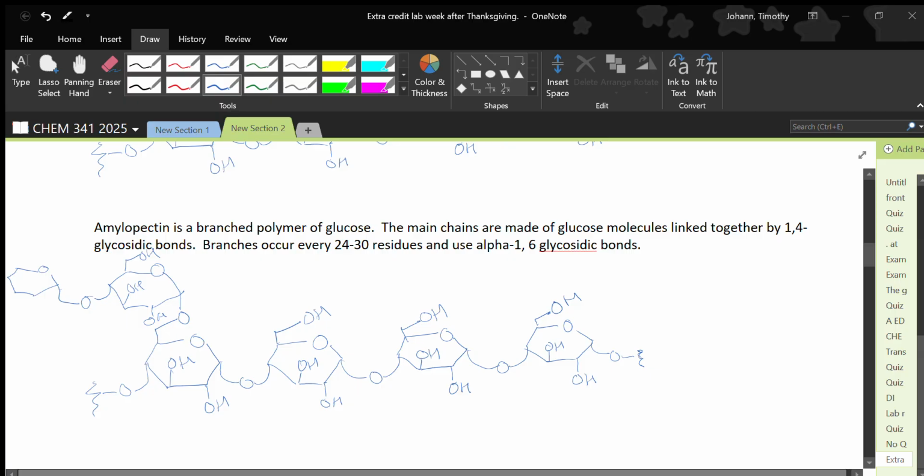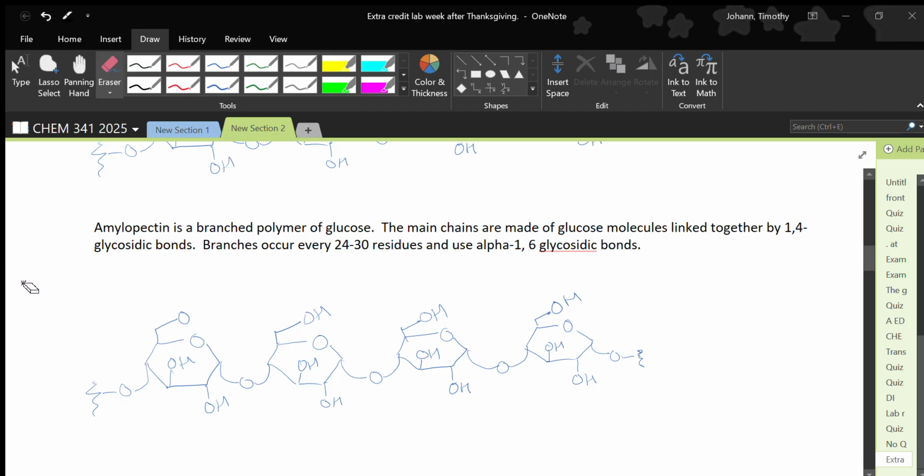Should have left myself some more room. You're probably not there yet drawing, right? I'll put my branch here so I have some room on my page to actually draw a few more glucose residues.